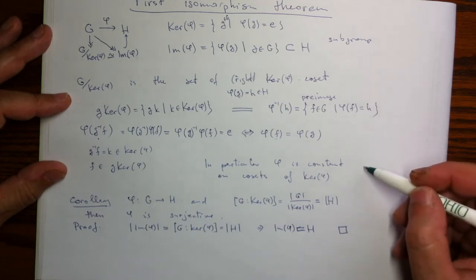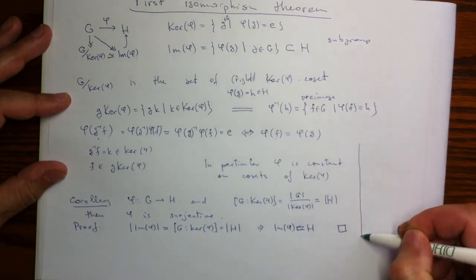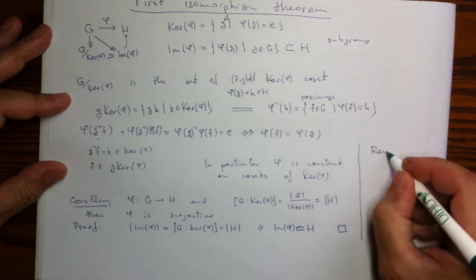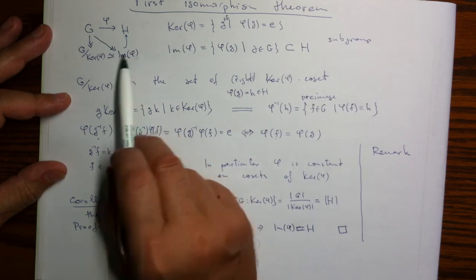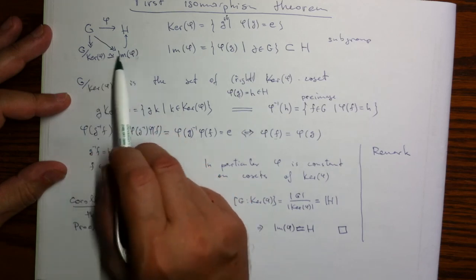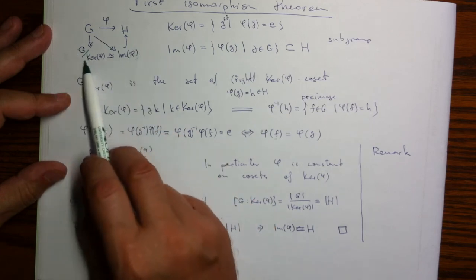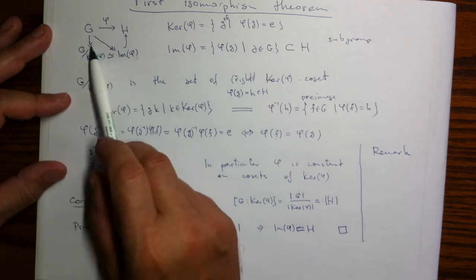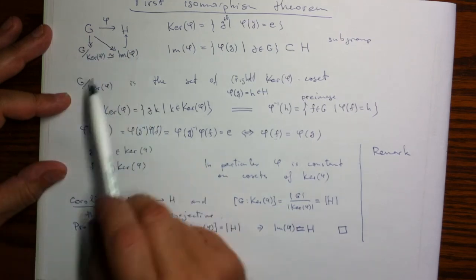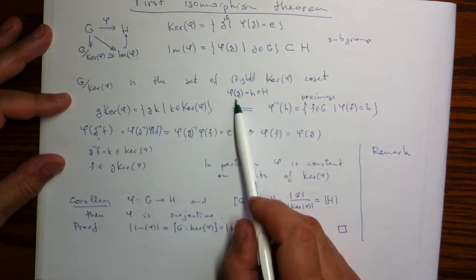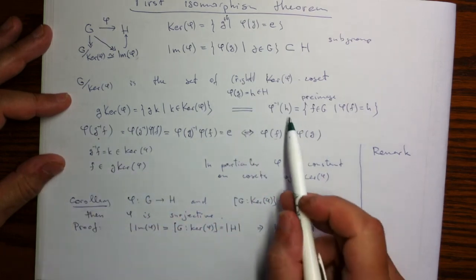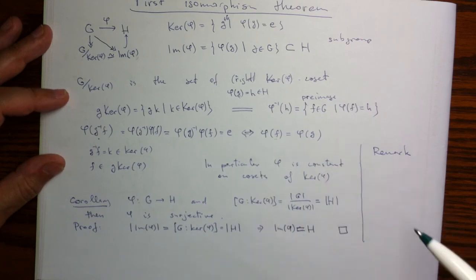One important remark, maybe just putting it in this corner. This is a group, and so because these are isomorphic sets, this is also a group. And the group structure here is just the group multiplication on the image. So when we multiply values of phi, it's as if we're multiplying cosets, or alternatively pre-images.